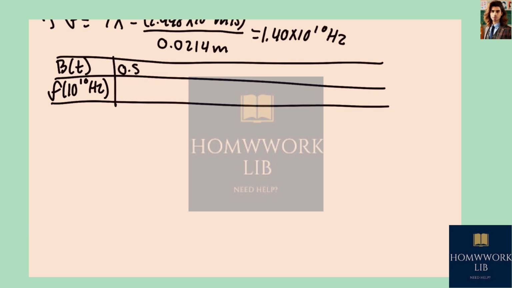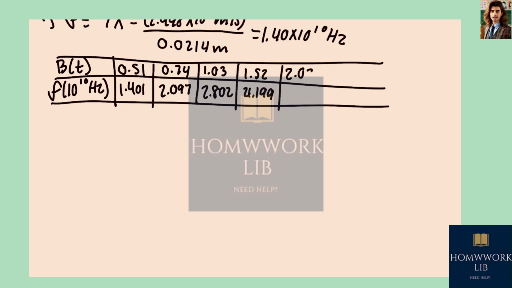So 0.51, which is 1.401. 0.74, which is 2.097. 1.03, which is 2.802. 1.52, which is 4.199. 2.02, 5.604. 2.48 would be 7.005. And then 2.97, 8.398.